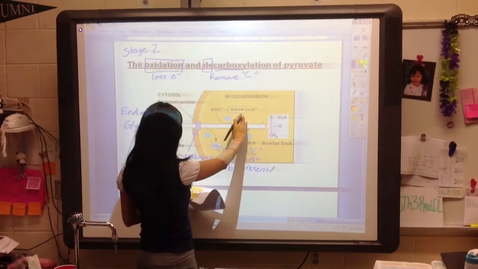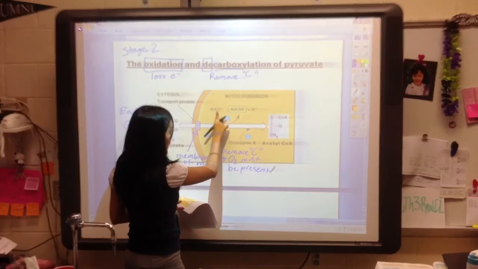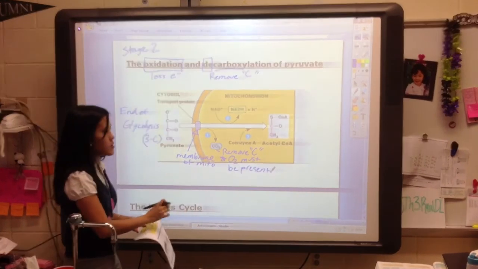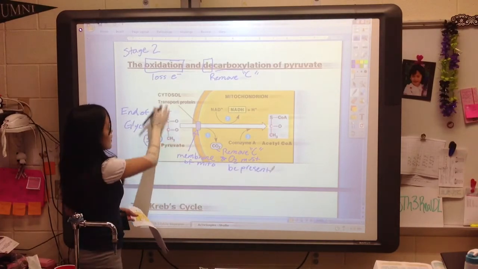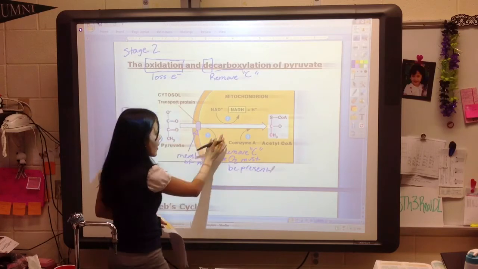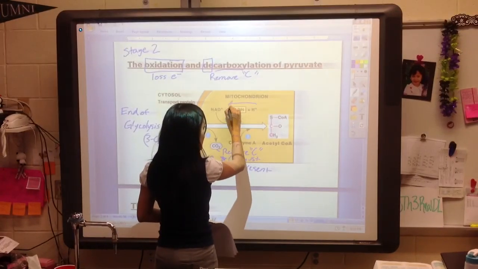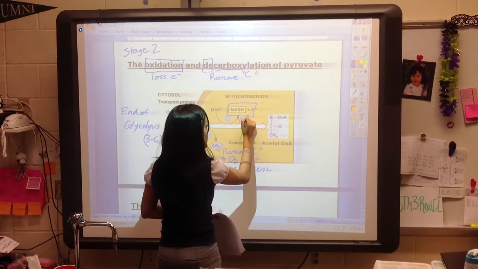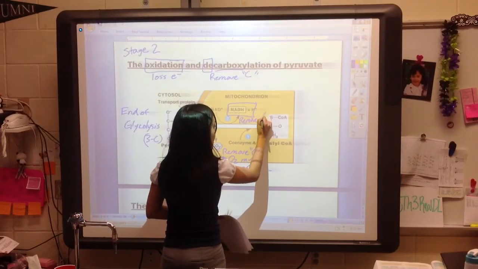In the second step here, we have an NAD+. You're actually going to be removing some electrons from our pyruvate, okay, oxidation of the pyruvate. And when we oxidize the pyruvate, we form this product, the NADH again, okay? And again, this is from the removal of our electron.